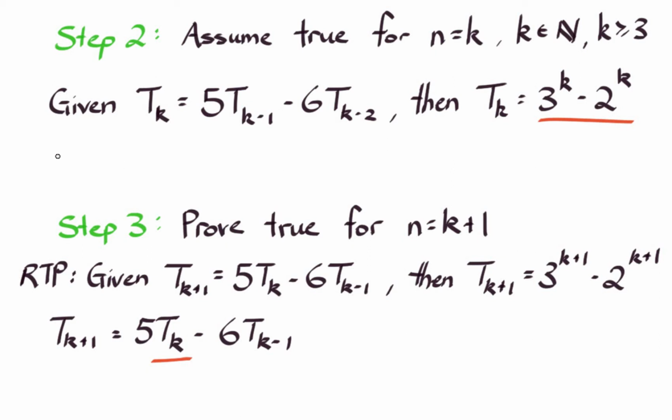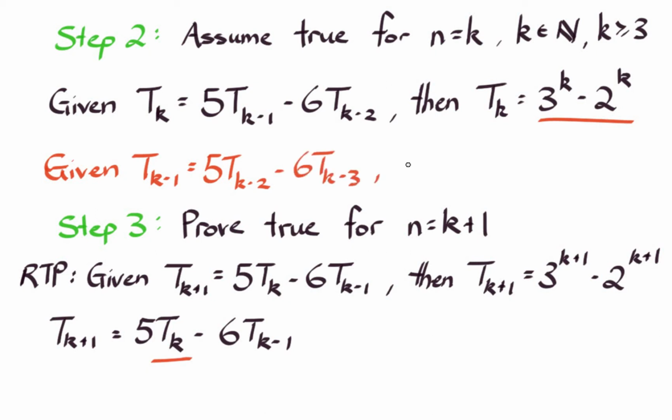So what that means we can do for this kind of question is we can say, okay, I'm going to look at t of k minus 1. So I'm just going to add this into step 2. And so let's apply the recurrence relation to t of k minus 1. So it would be 5 lots of t k minus 2 minus 6 lots of t k minus 3.